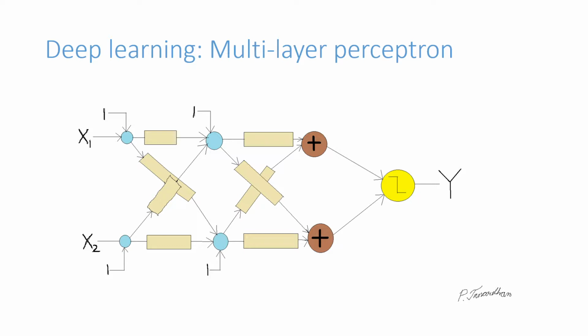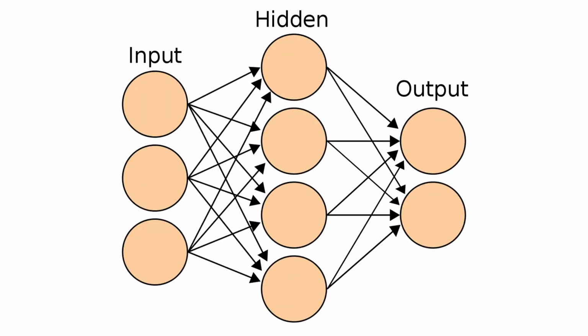So you can see in this example there are two perceptrons, and the weighted sum is calculated at once, which is given to the activation function. This is a multi-layer perceptron. You can see a hidden layer between the input layer and the output layer. This hidden layer consists of additional perceptrons which can be used for deep learning.